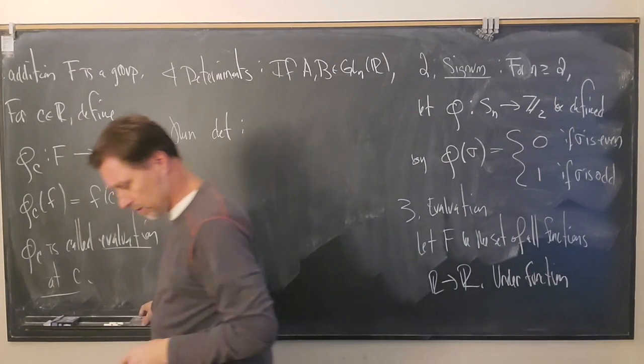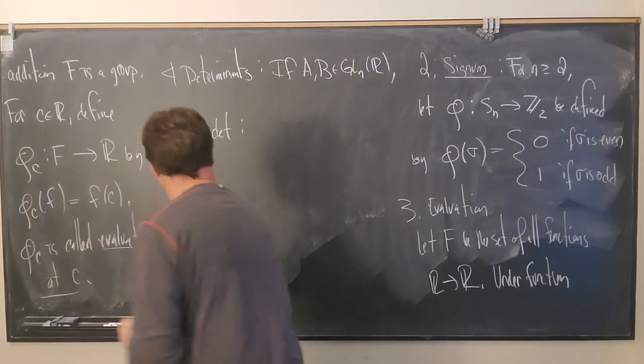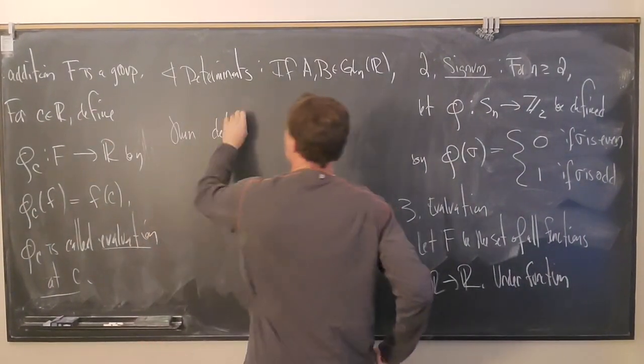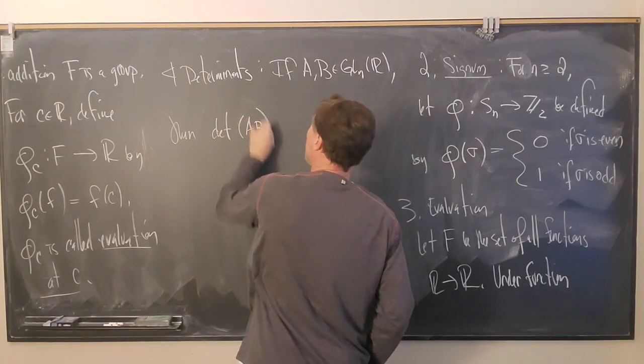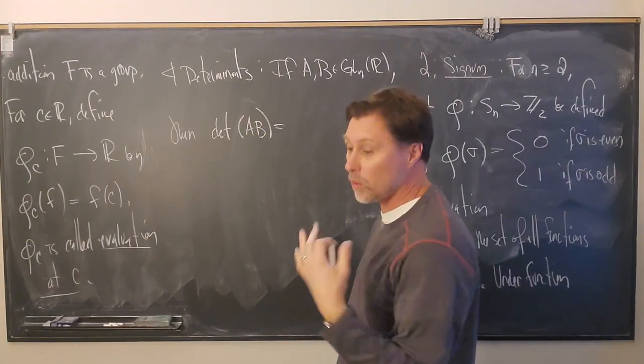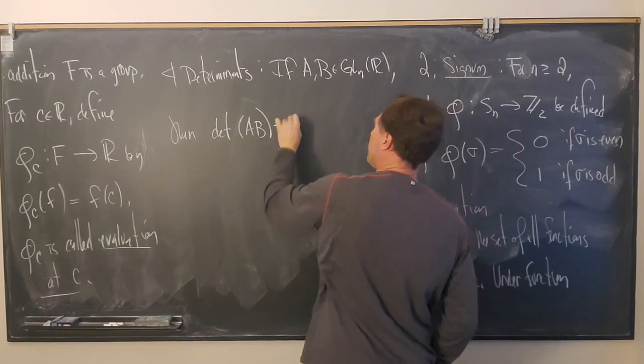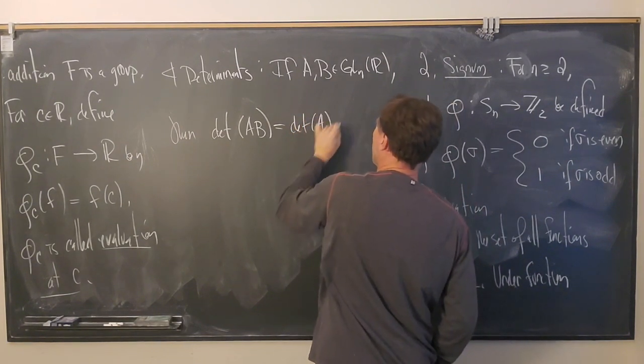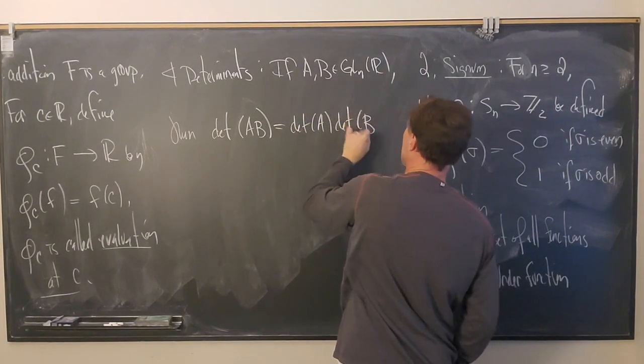Let's say it like this. Determinant of AB, here's a property that you learn in Math 206 or 306. Determinant of AB is determinant of A times determinant of B.